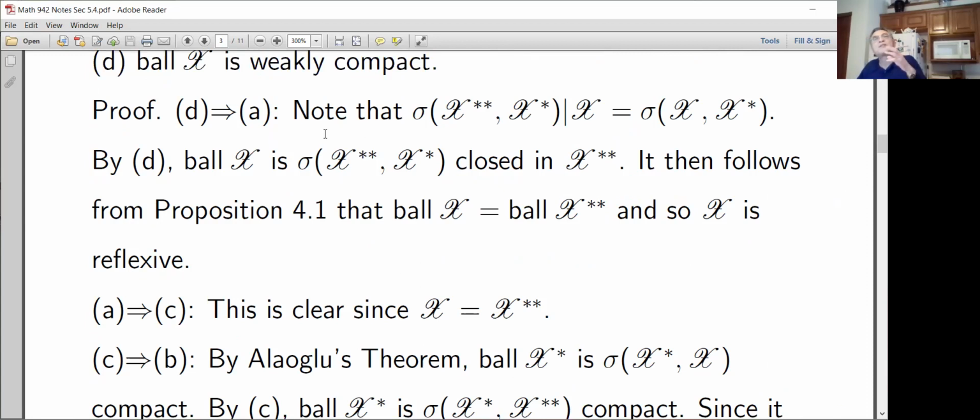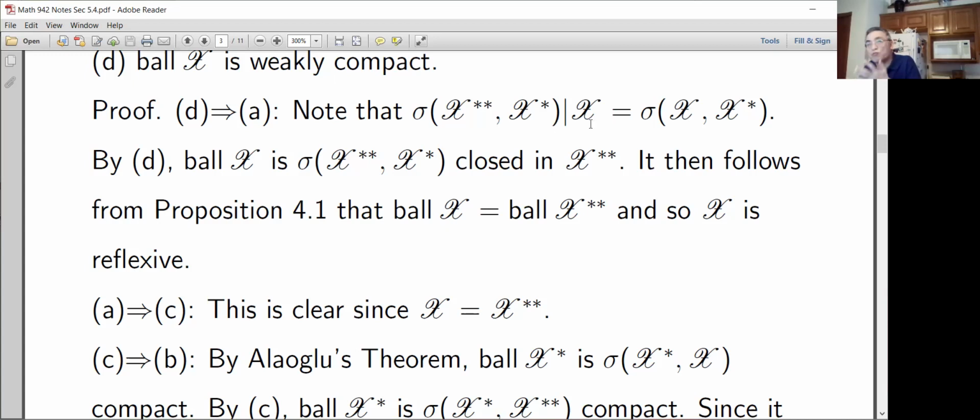We have an observation before 4.1 at the beginning of the section. This observation says that the restriction of this topology to X is equal to the topology sigma X X star. Originally, this is a topology on X double star, but X embedded into X double star is considered as a subset of X double star.